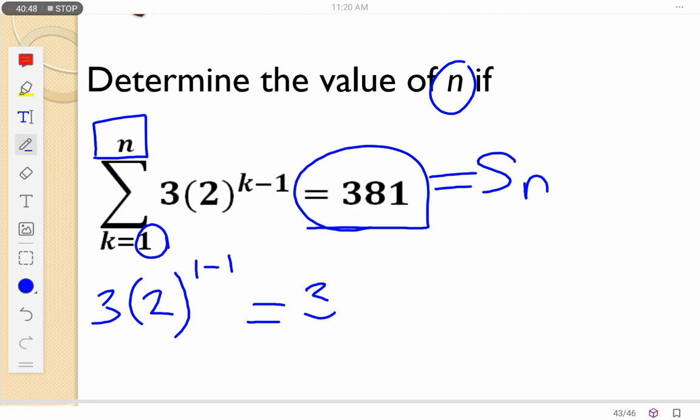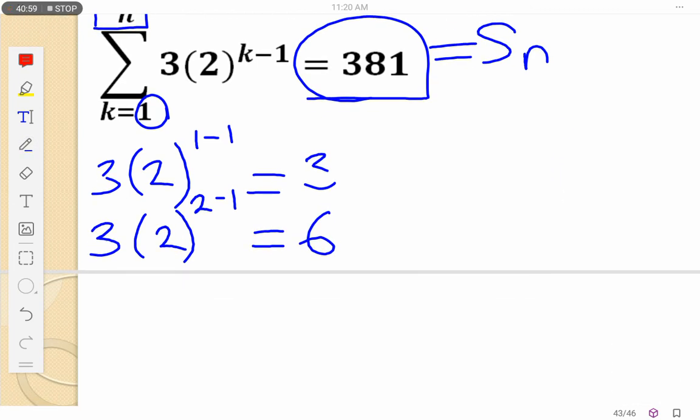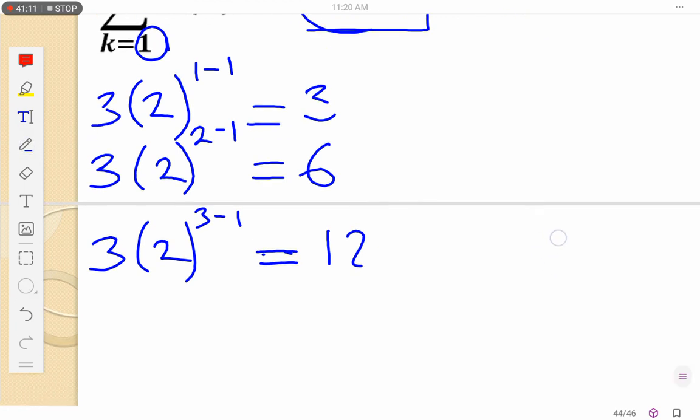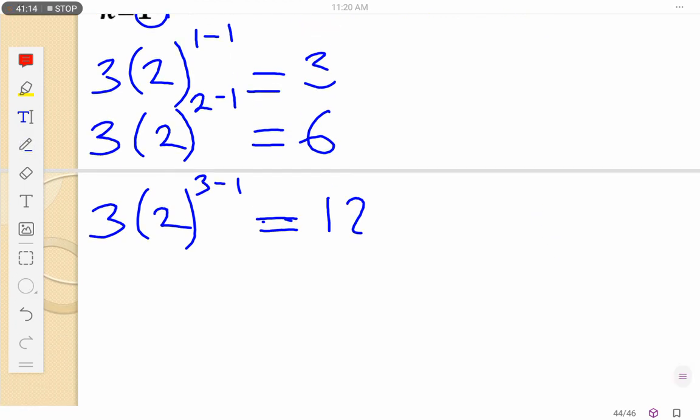Then for k equals 2, 3 times 2 to the power of 2 minus 1, I'll get a 6. For the next one, 3 times 2 to the power of 3 minus 1, so it's now 2 squared, 4 times 3, I'll get a 12 here. Then you can go on and on and on.